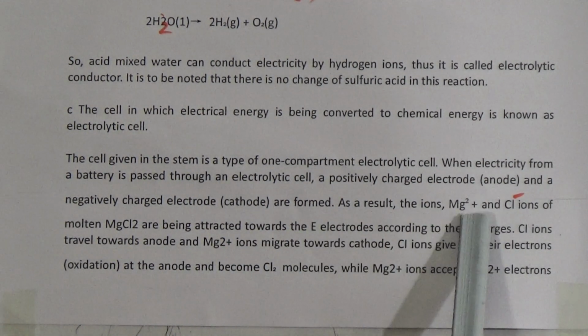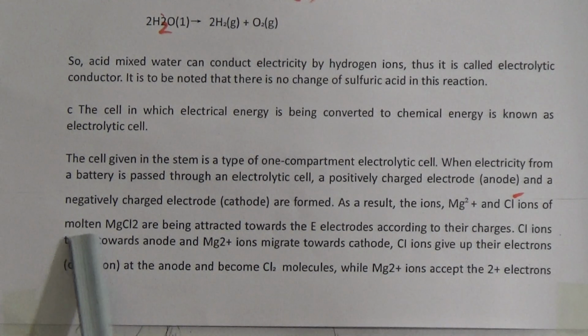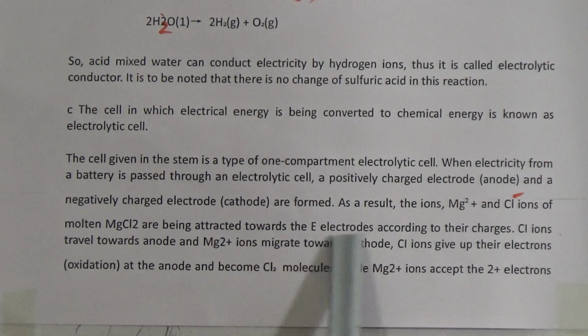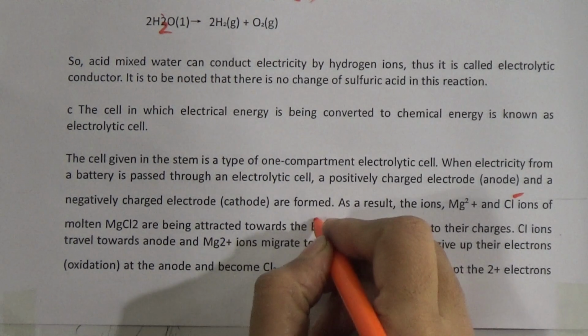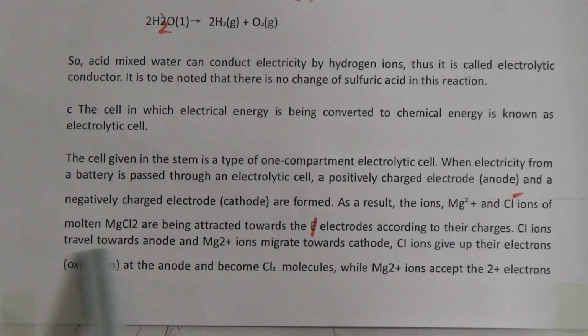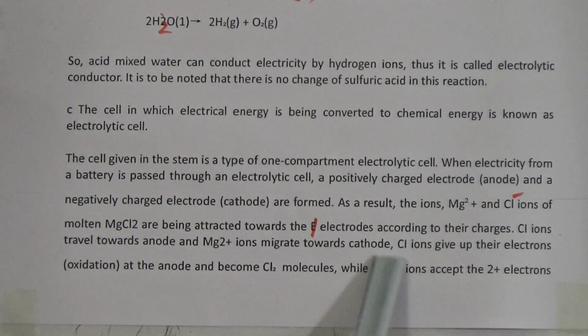As a result, the ions, that means magnesium ions and chloride ions of molten magnesium chloride, are attracted towards the electrodes according to their charges. Chloride ions travel towards the anode and magnesium ions migrate towards the cathode.